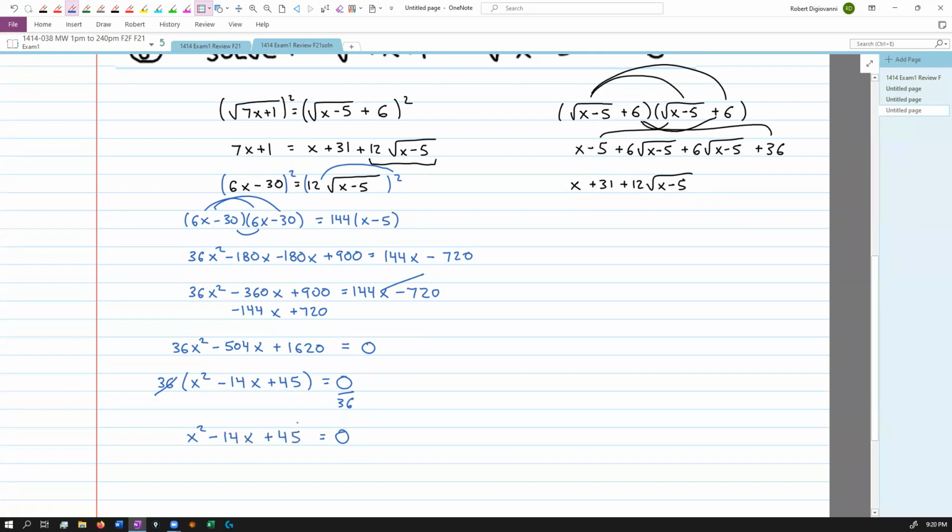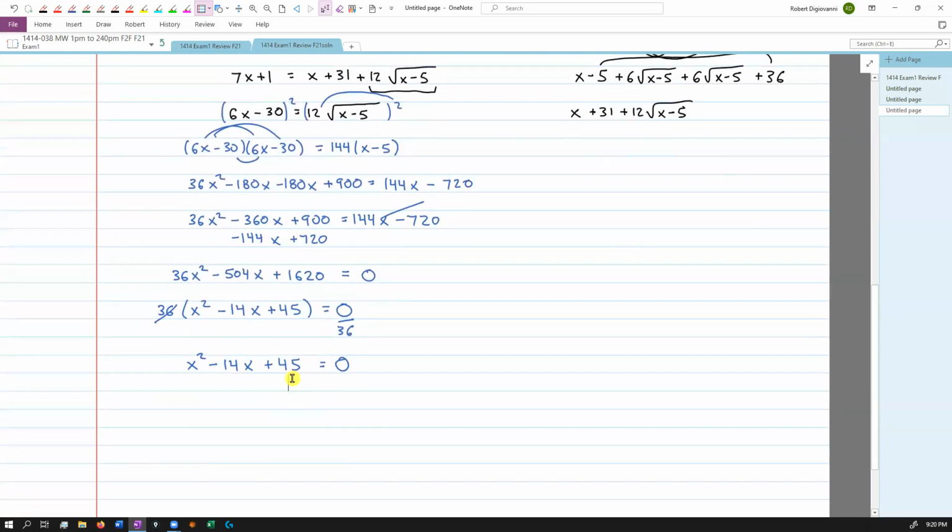All right, now does that factor? Two numbers that multiply to be 45 add up to be negative 14. So x minus 9, x minus 5 should work. And so we have two potential solutions, 9 and 5.